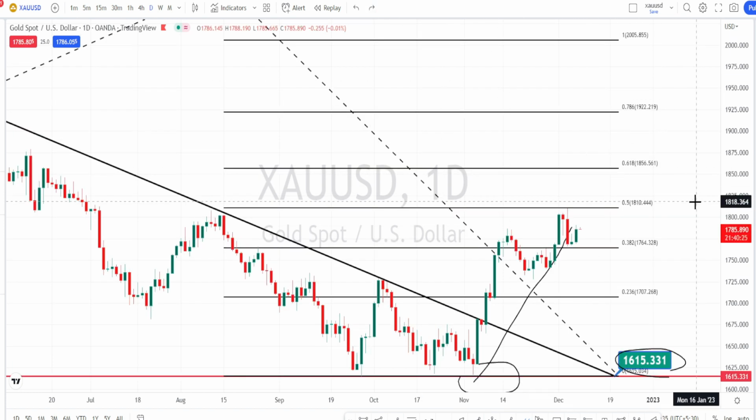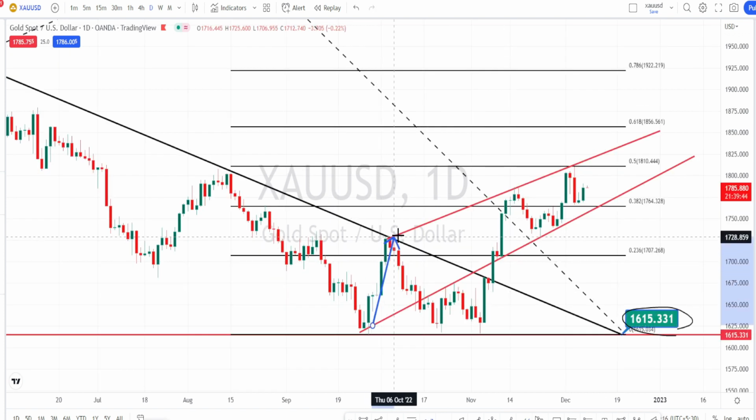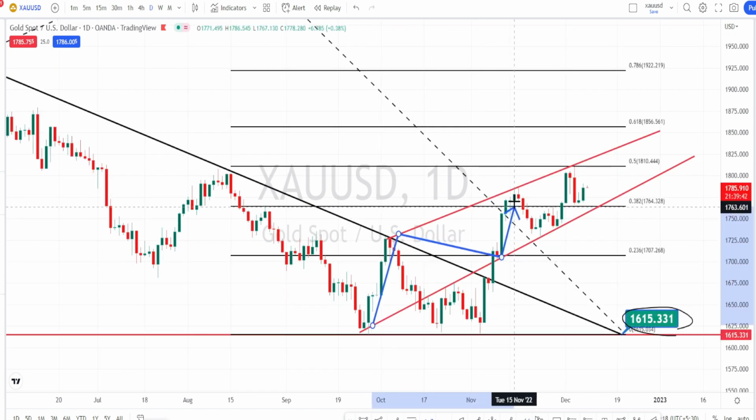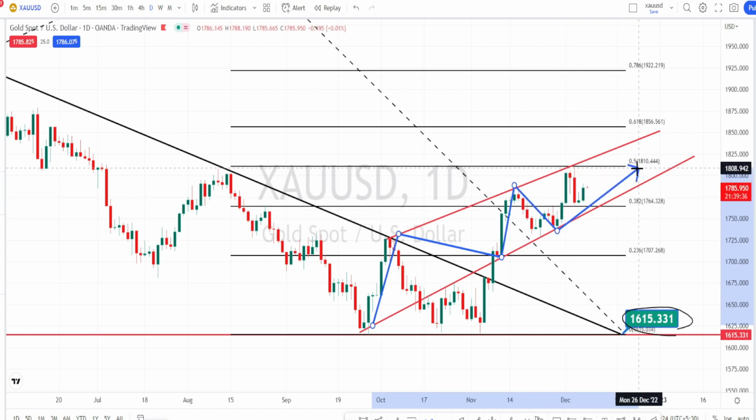And when we draw a trend line to understand the current trend of the price action, it is very clear that the current trend is still in a bullish trend, but after testing the resistance level of 1810, we have noticed a price action to consolidate within this resistance and support level. It has not made new highs or new lows.